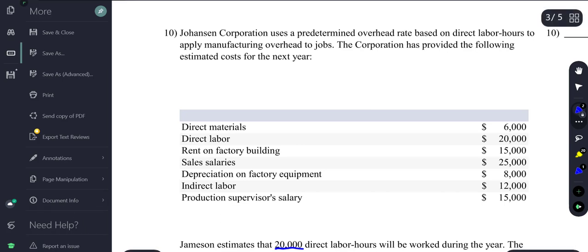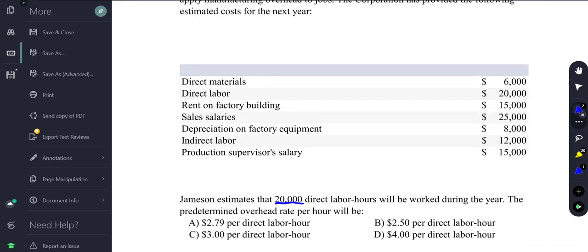Now this is different from the last one because they give us a list of items that are expenses, and we have to decide what goes into overhead. The first thing is that we're not going to have direct materials or direct labor in overhead, but we are going to have the rent on the factory building.